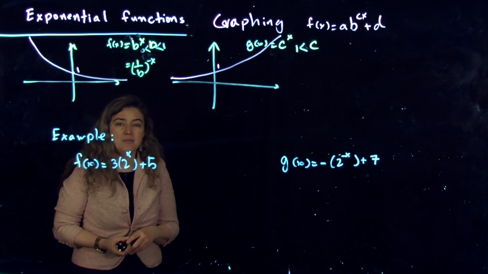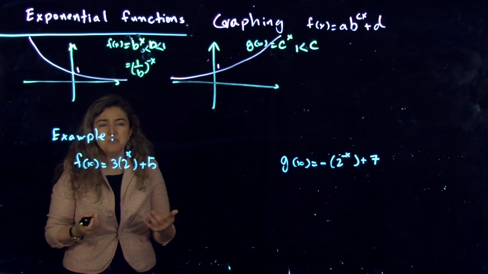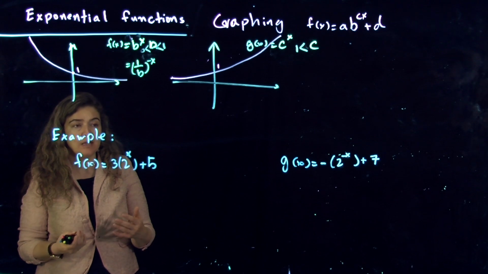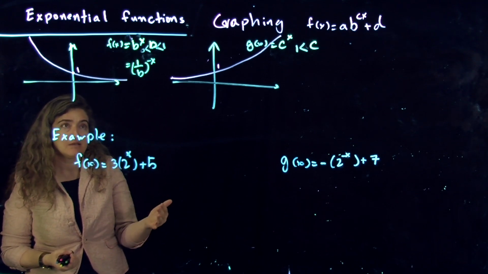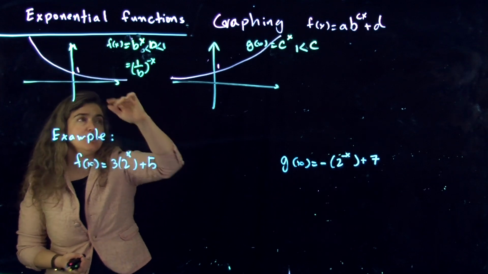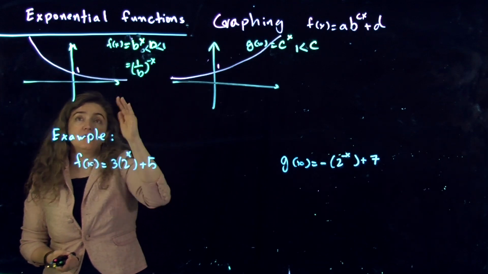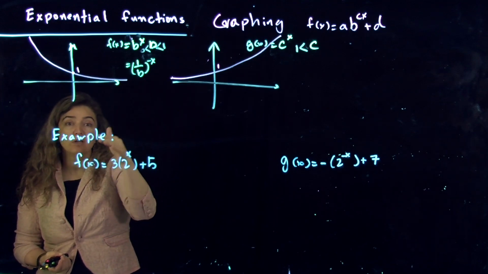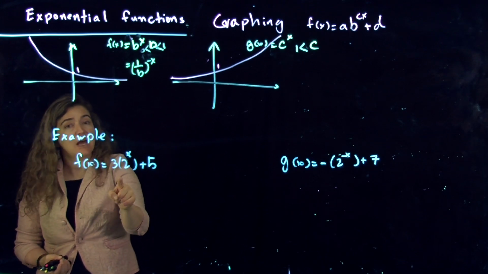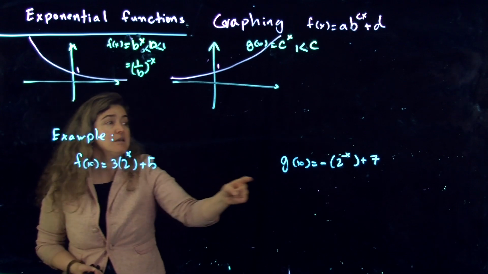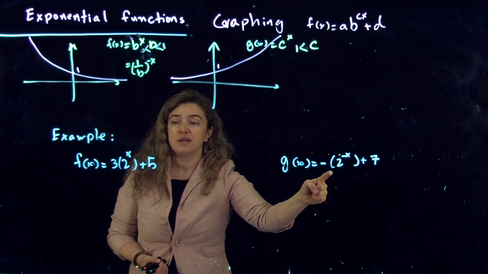Comparing them, the best way is to remember that what is important to us is either we get this shape, or we get the reflection of it over the x-axis. This one doesn't have any reflection over the x-axis. That one has a reflection over the x-axis.